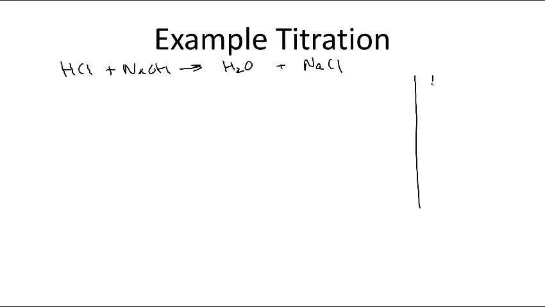So let's go back to our trusty old HCl plus NaOH yields H2O and NaCl. Let's say I have my setup over here. You don't need to draw this in because you already did. This is my burette, and here I have the ring stand.